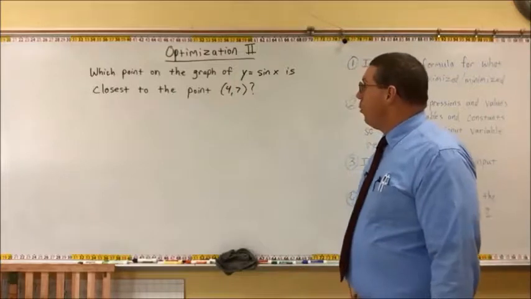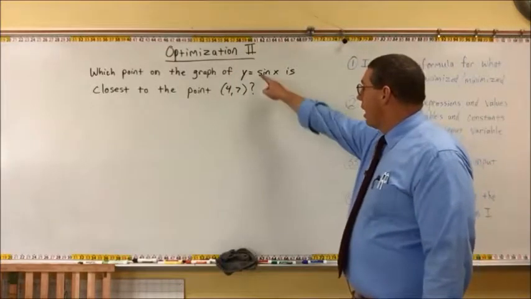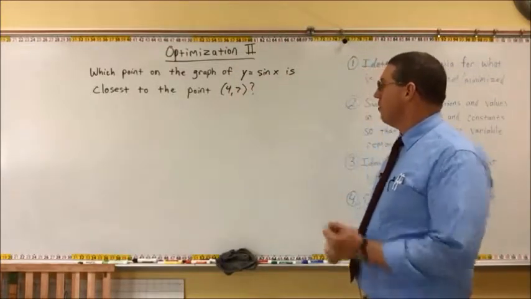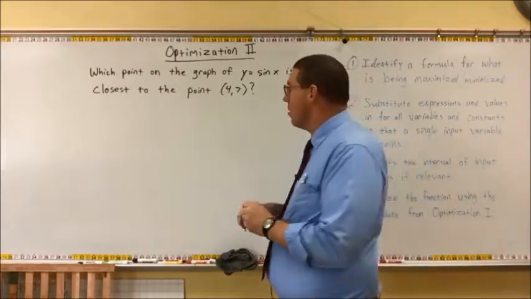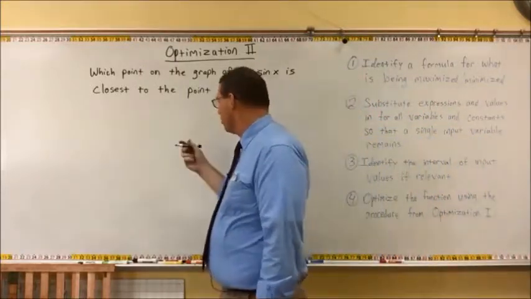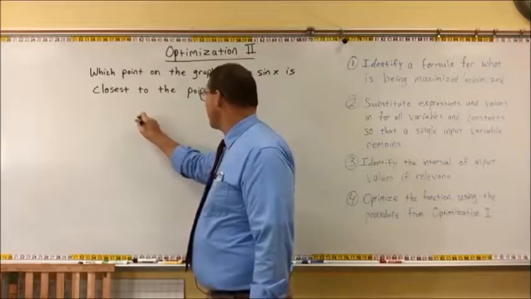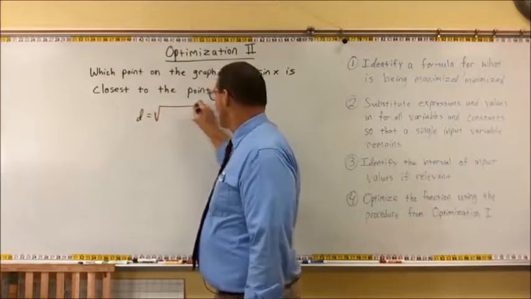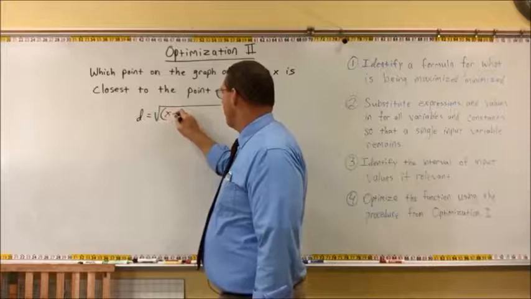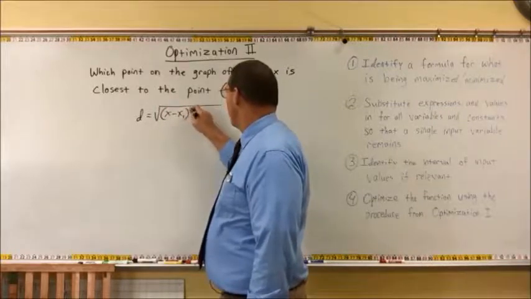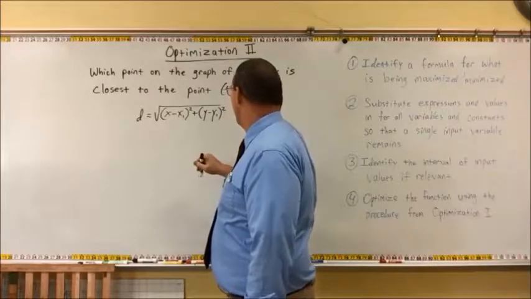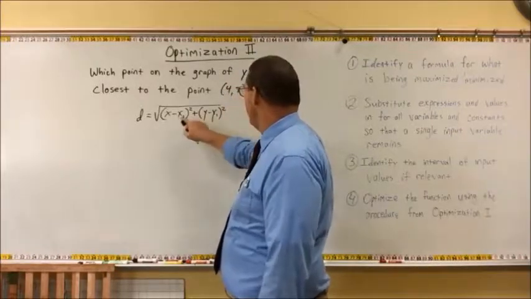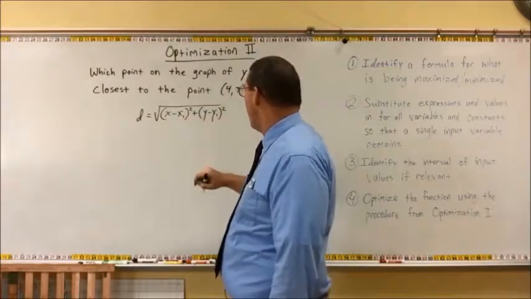All right, it says which point on the graph of y equals sine of x is closest to the point 4, 7. Again, we're minimizing distance because it says closest to. So we're going to minimize the distance formula. Distance is the square root of x minus x1 squared plus y minus y1 squared. We're going to plug the point 4, 7, 4 in for x1, 7 in for y1.